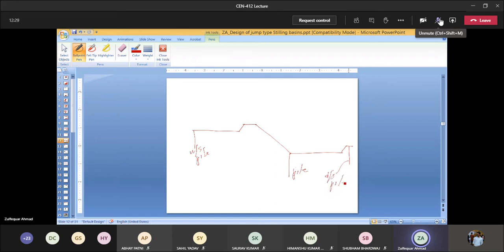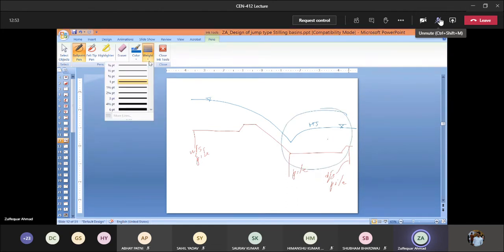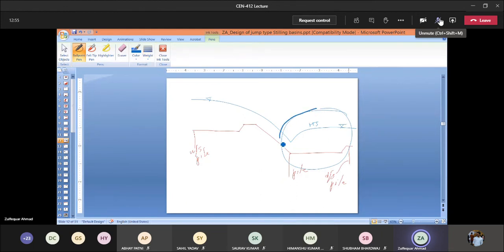See, here you have the flow. If this is a hydraulic jump type, then the jump will form like this. This is the hydraulic jump, and you have the dissipation of energy here. Since the hydraulic jump is forming in this area, we have to have a pakka floor. This pakka floor is required, and we call this pakka floor a Stilling basin.